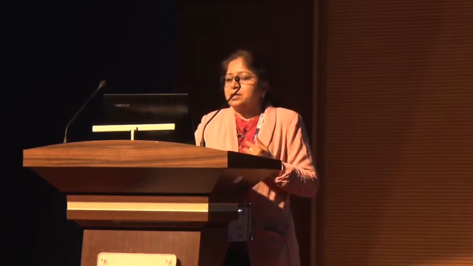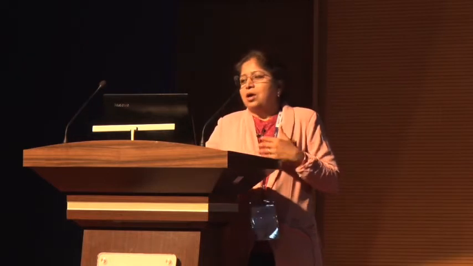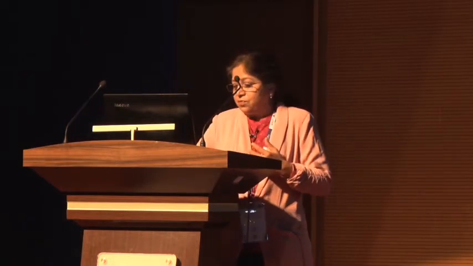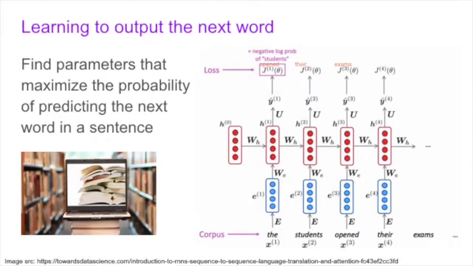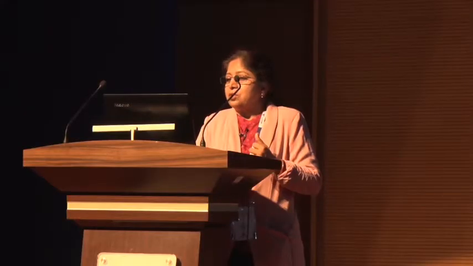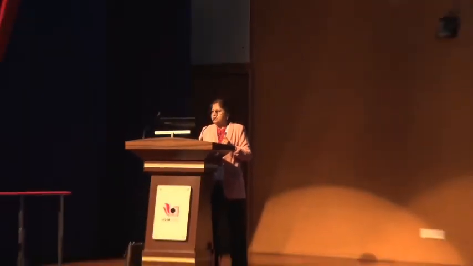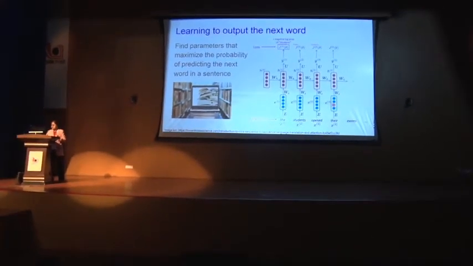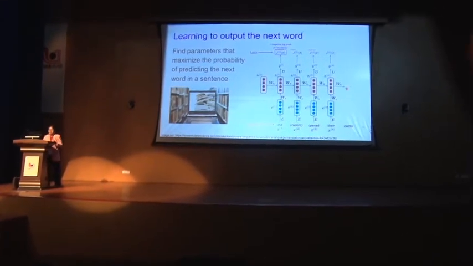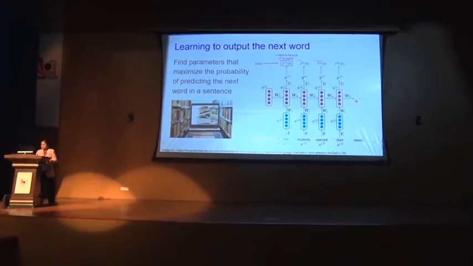So, let us understand a bit with respect to how that is done in terms of neural circuitry. So, we are going to learn to output the next word, and here again we are going to use a recurrent neural network. So, earlier you saw that a recurrent neural network was sort of clipped at this point, where it was taking as input words and it was producing a summary, which is what we thought of as the sentence embedding.